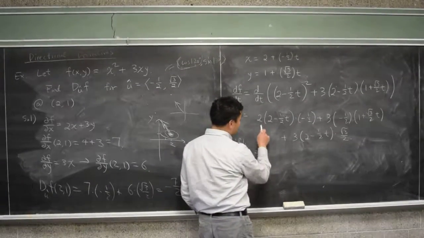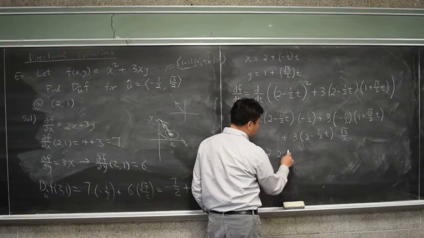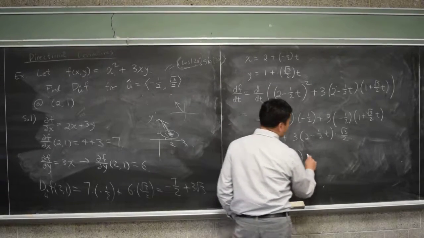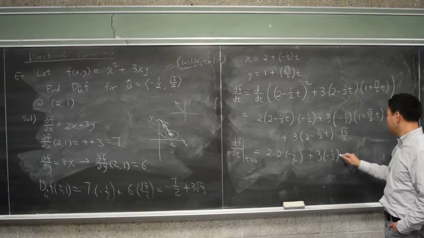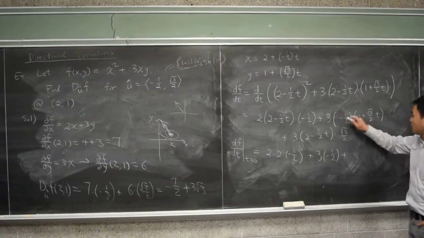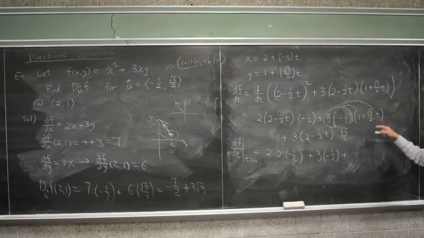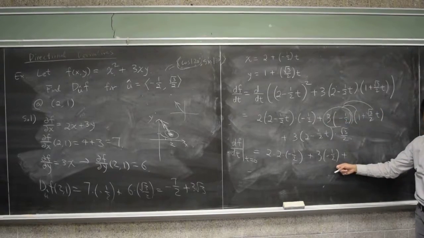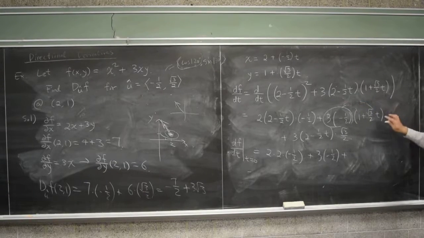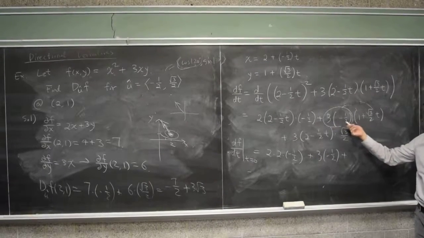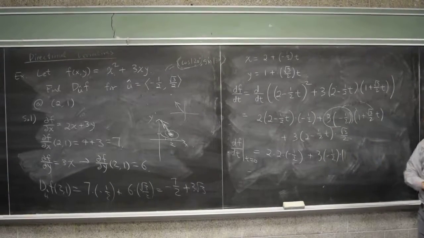In that case, this is 2 times negative 1/2. And then 3 times negative 1/2 plus, I can multiply it, right? So the first one is this times 1, which is just itself. This times this. Oh, and then, by the way, if t is 0, that's just gone, right? So it's just 3 times negative 1/2 times 1 for the second one.